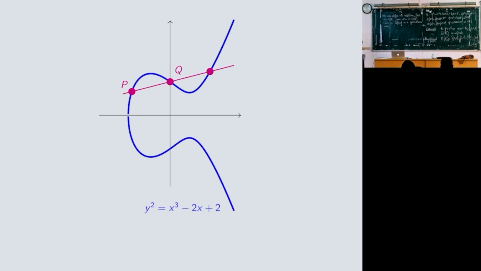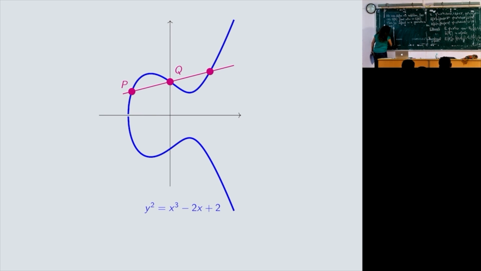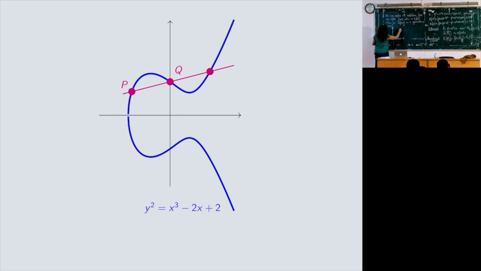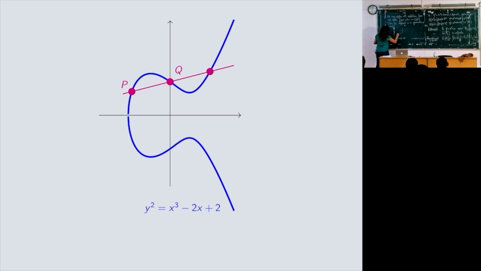Okay, so let us understand this group law that somebody already mentioned in one of the student talks. So imagine that we have an elliptic curve, for instance like this, okay?